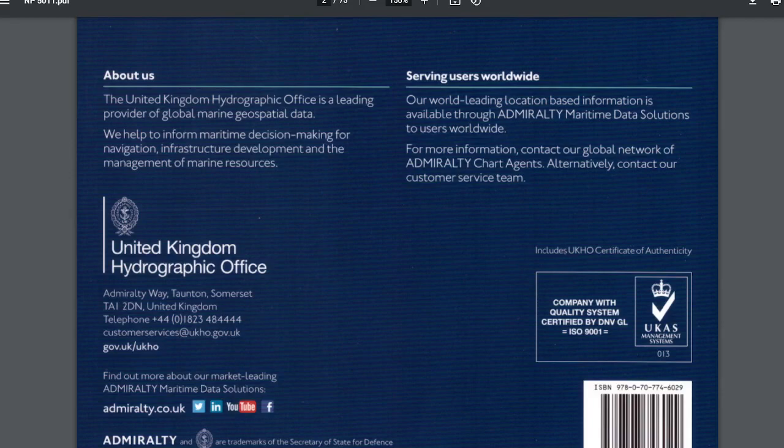So it's really important as a navigator to be aware of all the important symbols while you're standing on the bridge.